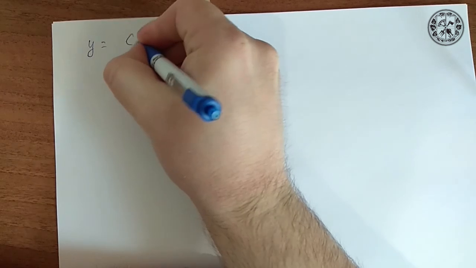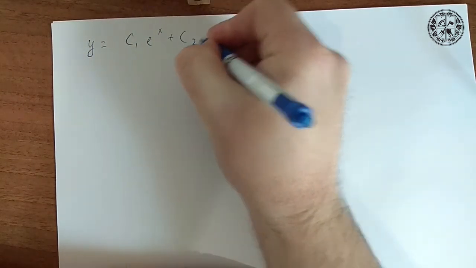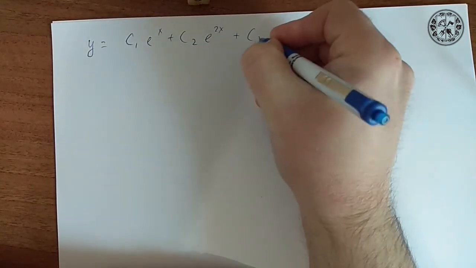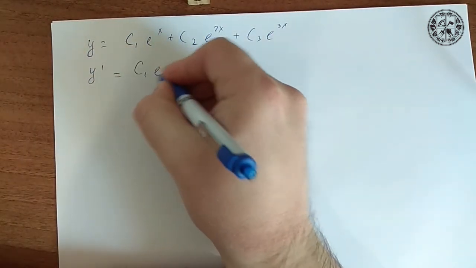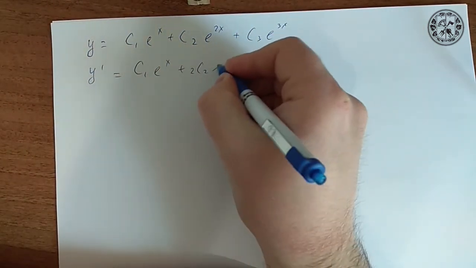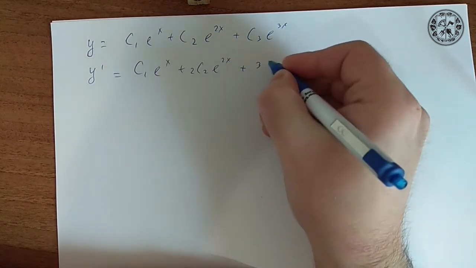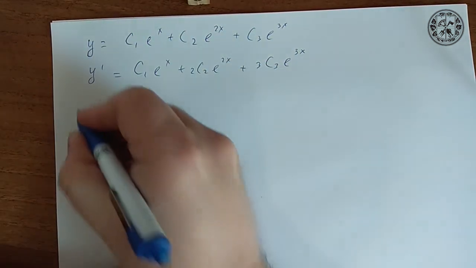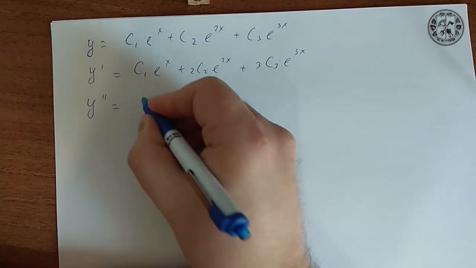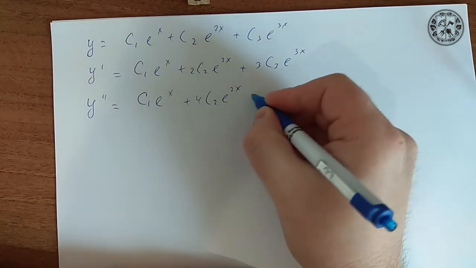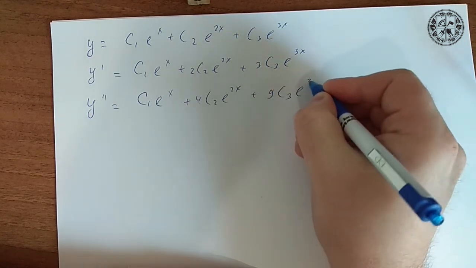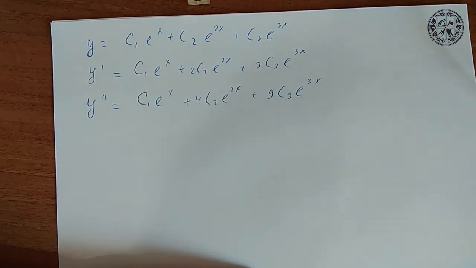So y equals c1 e power x plus c2 e power 2x plus c3 e power 3x. Y prime is c1 e power x plus 2c2 e power 2x plus 3c3 e power 3x. Y double prime will be c1 e power x plus 4c2 e power 2x plus 9c3 e power 3x. Now we can substitute y at 0.